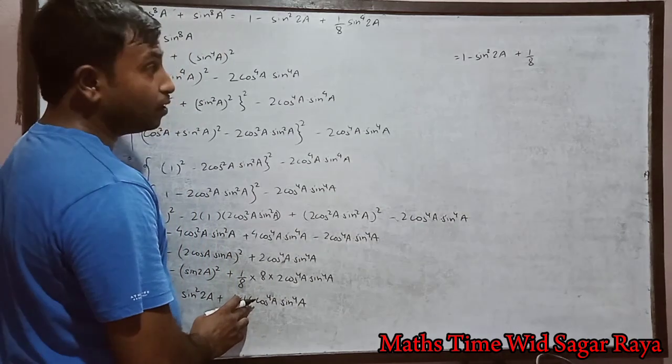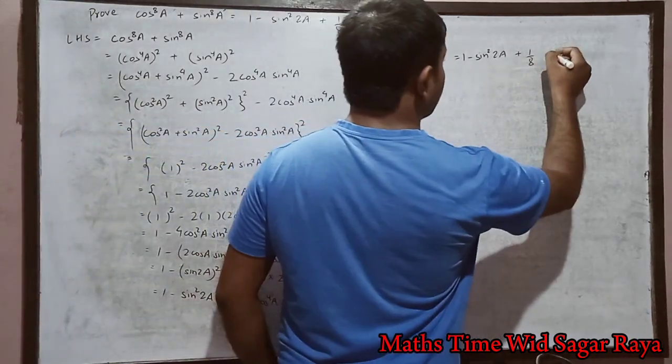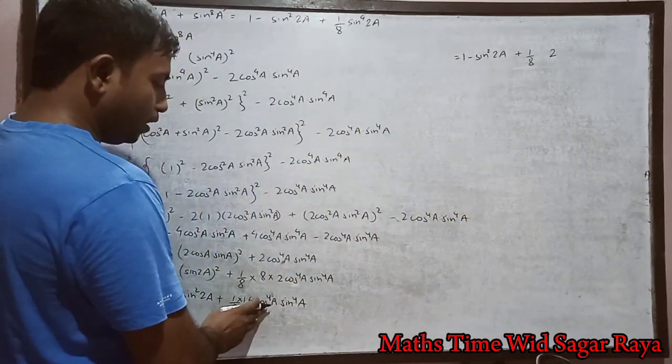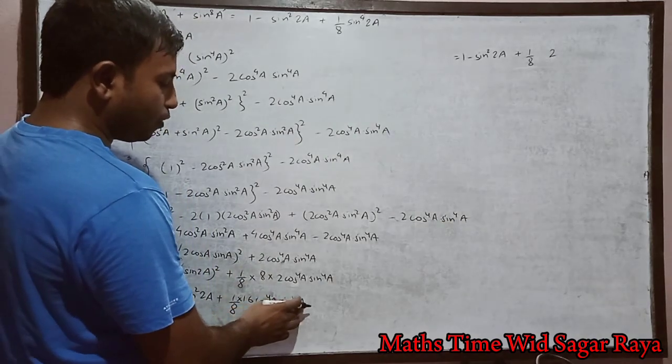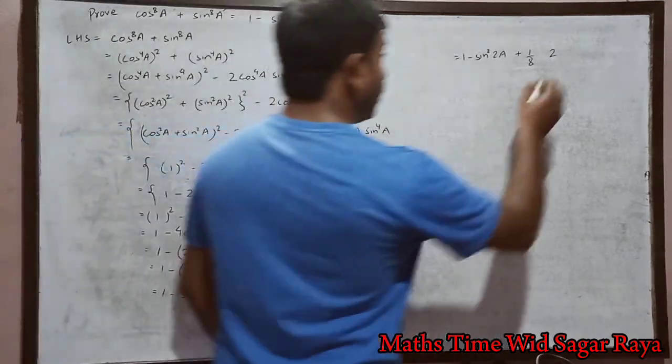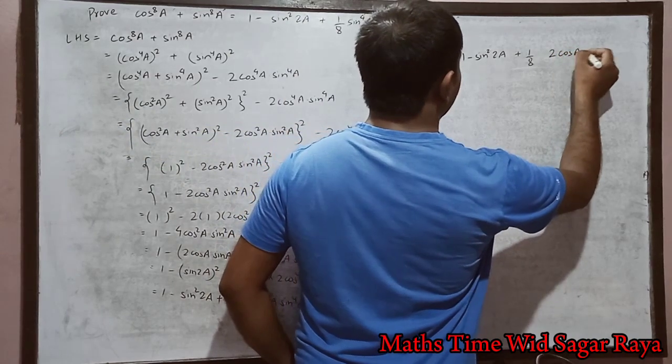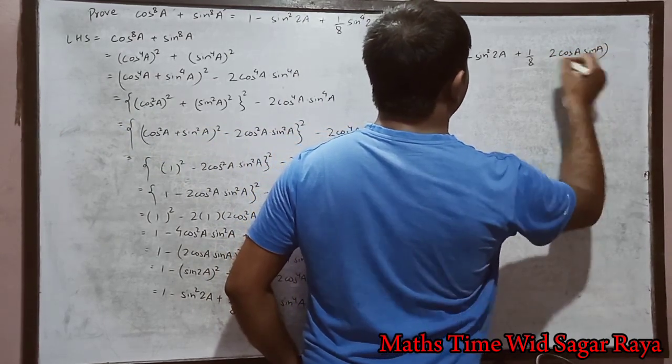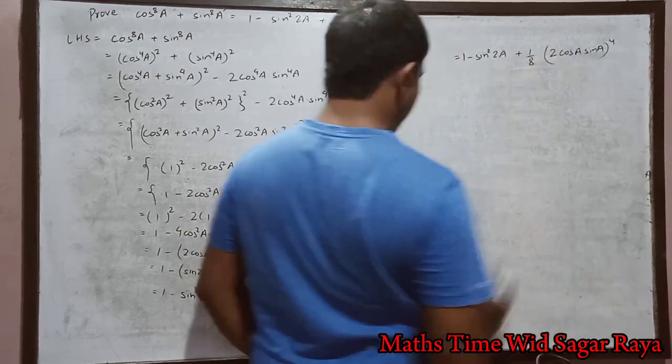Now 16 can be written as 2 power 4, and cos power 4a and sin power 4a, we will write like this: 2 cos a sin a directly power 4.